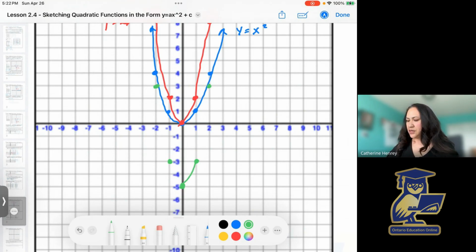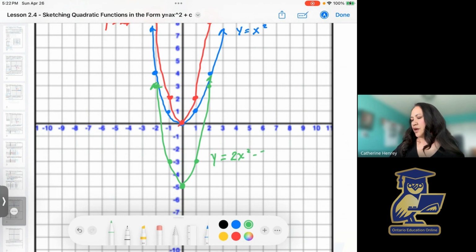So let's put these in. And this one is y equals 2x² minus 5.